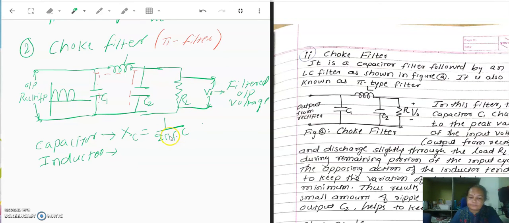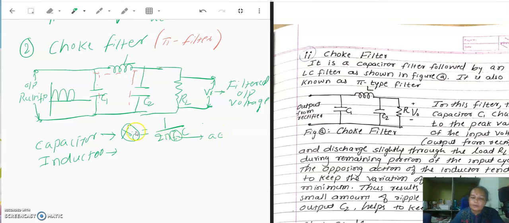So, opposition is inversely proportional to frequency. Frequency means AC. So it is going to have inverse relationship with AC.